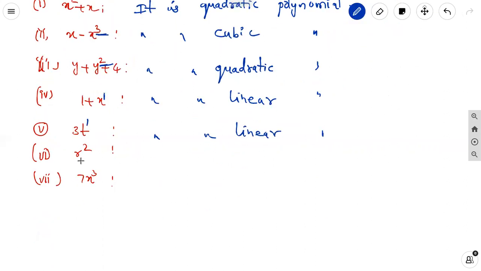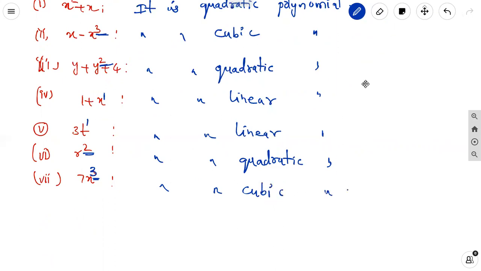Next, r square. r is a variable, its degree is 2, so it is a quadratic polynomial. 7x cube is in the third degree. X cube means 3, so it is a cubic polynomial.